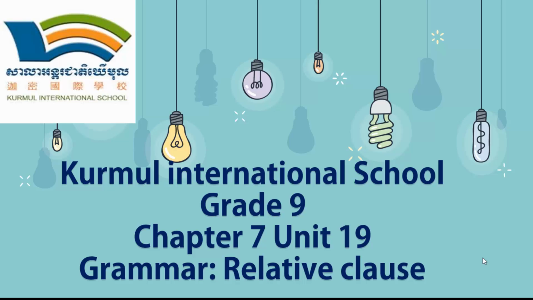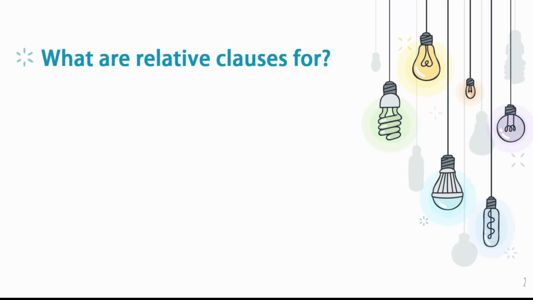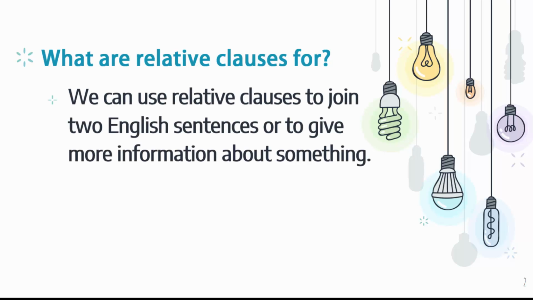Today's lesson is about a grammar. It is called relative clause. So you need to know what relative clauses are for. We can use a relative clause to join two English sentences or to give more information about something.